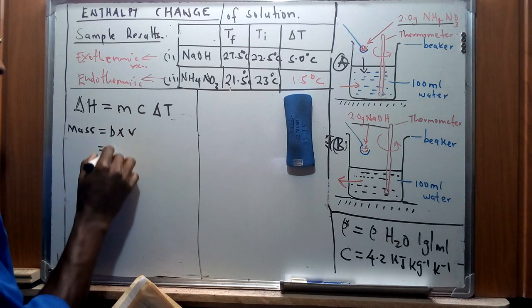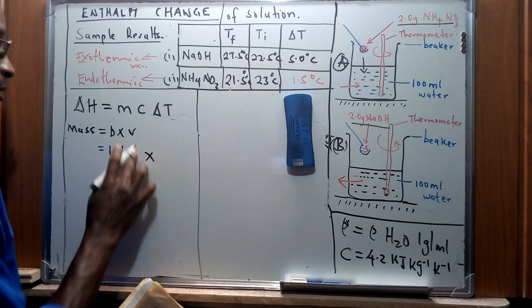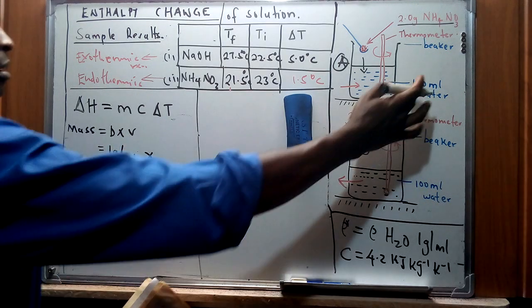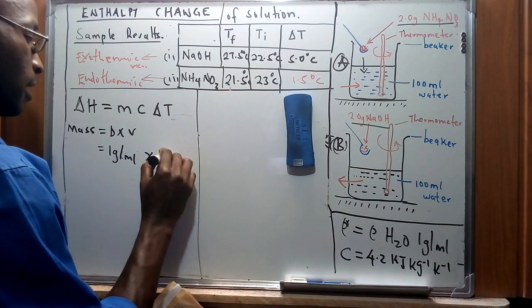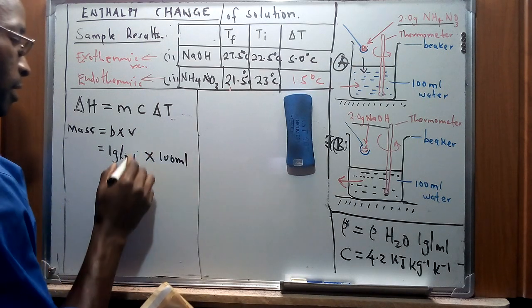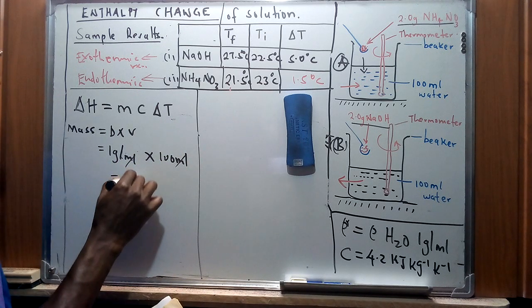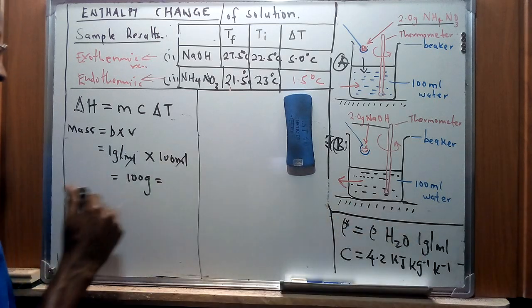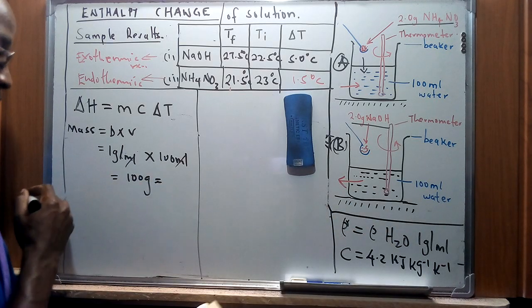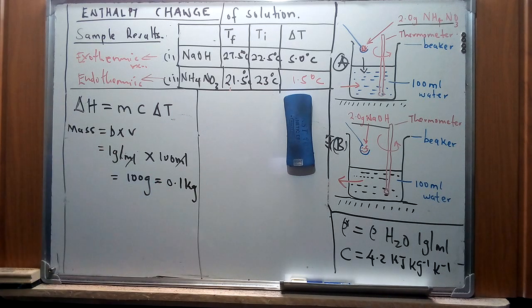The density we have been given as 1 gram per centimeter cubed, and the volume we just use the one which has been used. The volume that was used is 100 milliliters. So the mass is 100 grams, which we can convert into kilograms so that the dimensions are easier for calculations. So this is 0.1 kg, the mass of the solution.